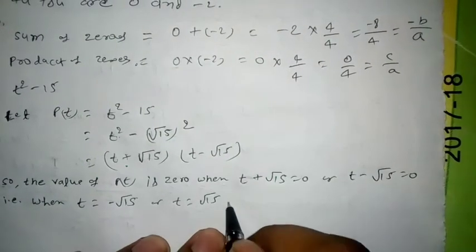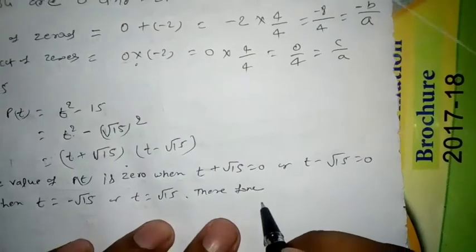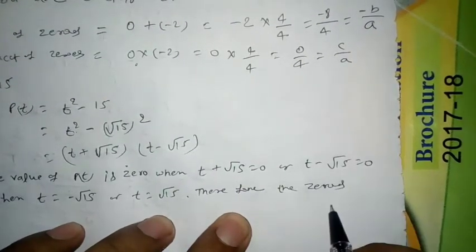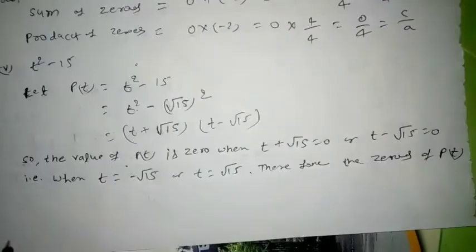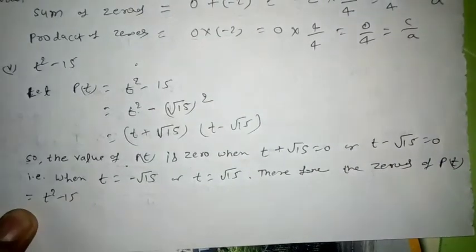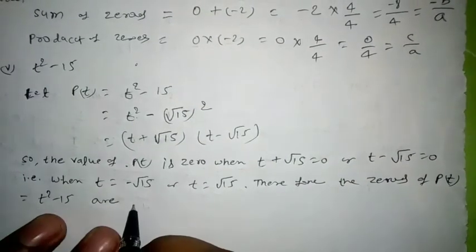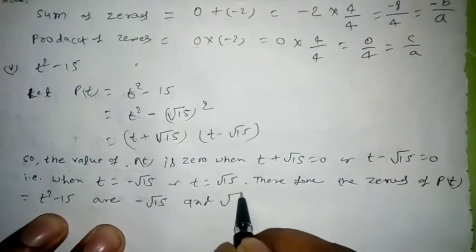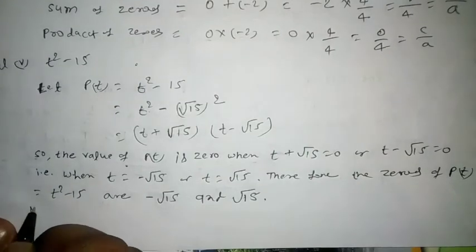Okay, therefore the zeros of pt, which is t square minus 15, are minus root under 15 and plus root under 15. Okay, now verify.